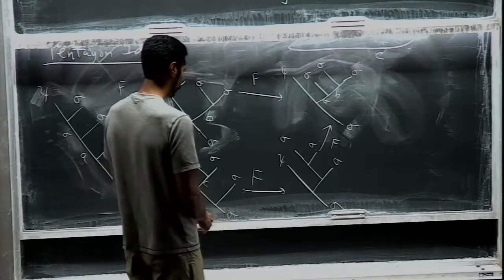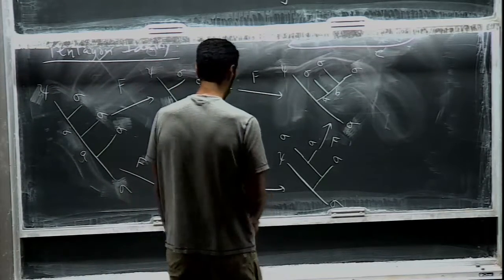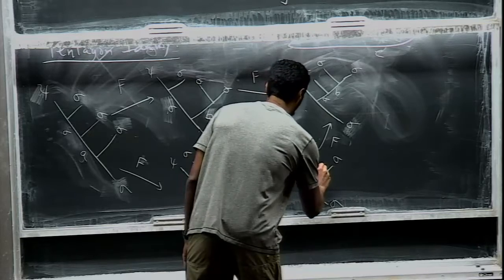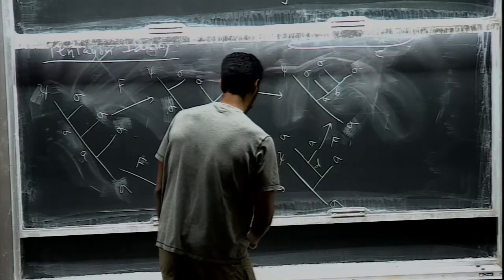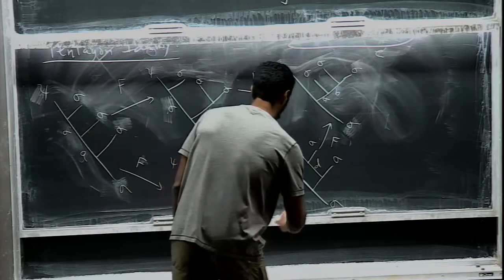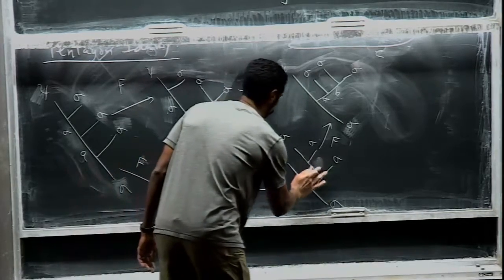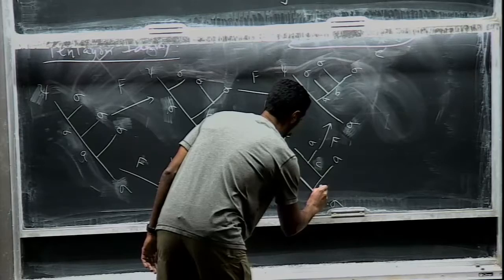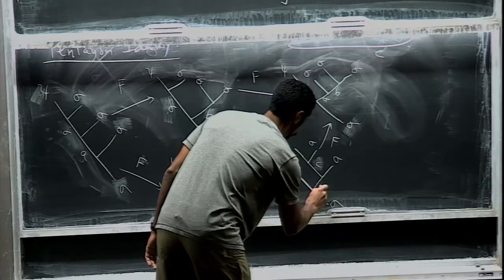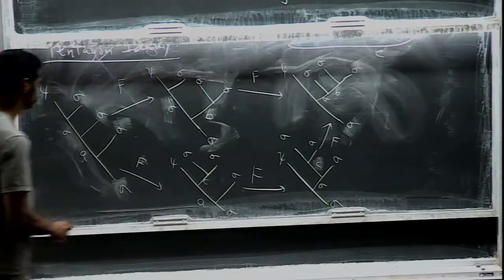And then over here we have D, and then oh no, sorry, this is C. This one is C, sorry, and this is D. No, this is sigma.